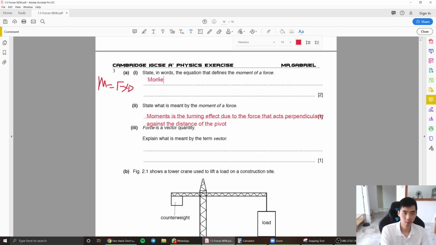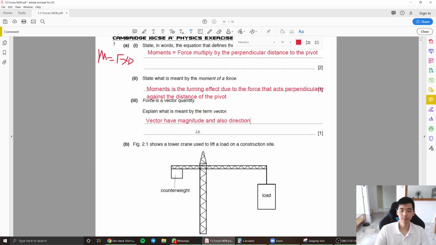Moment equals force multiplied by the perpendicular distance to the pivot. And after that, force is a vector quantity. Explain what is meant by the term vectors. Vectors have magnitude and also direction.